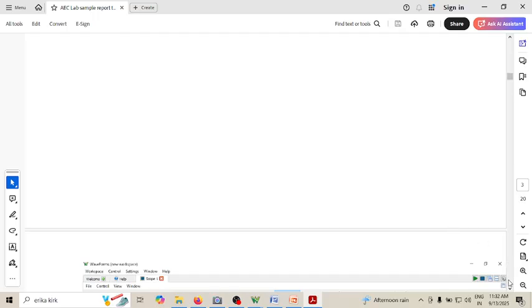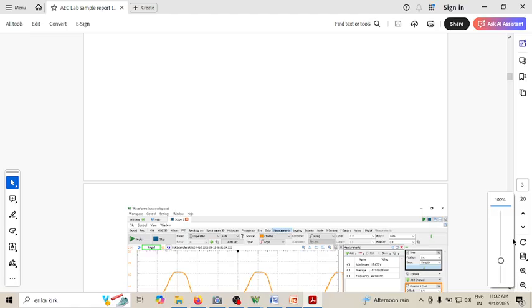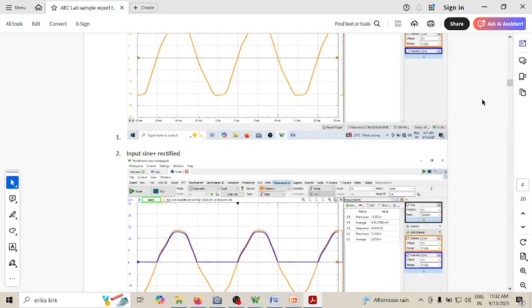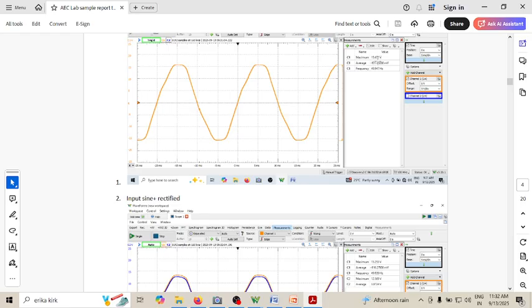Let me minimize this further. Now you are measuring the maximum voltage, the average voltage and the frequency.